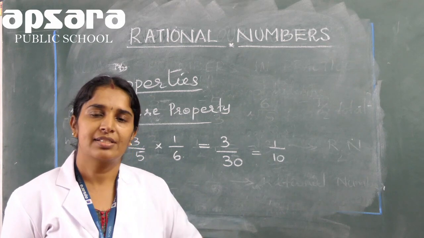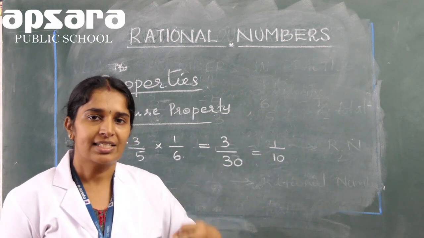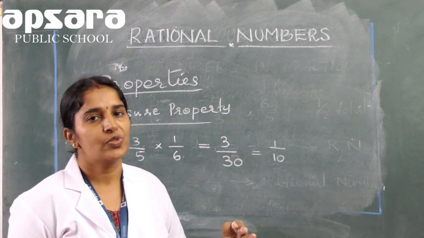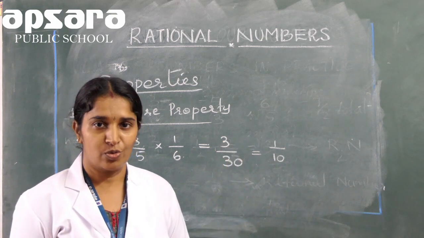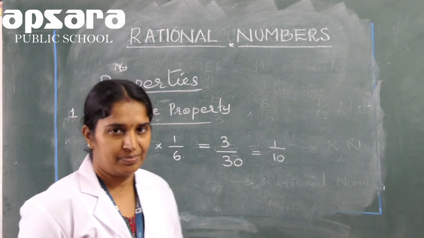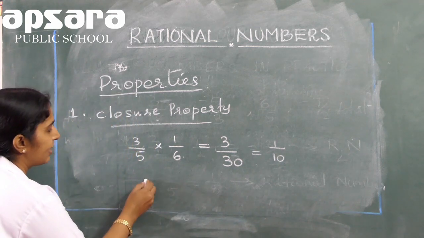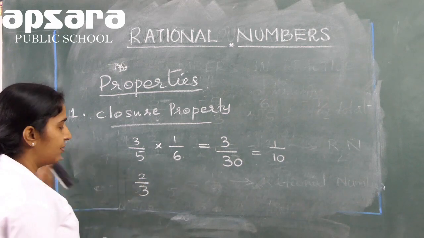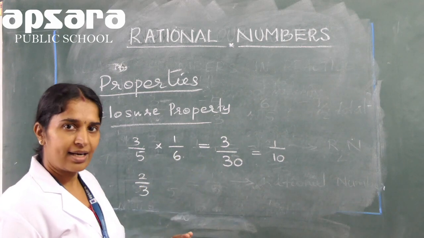So rational numbers are closed under addition, rational numbers are closed under subtraction, and rational numbers are closed under multiplication also. Now what is the case of division? Suppose you are taking a rational number as 2 by 3. It's a rational number. You know that 0 is also a rational number.